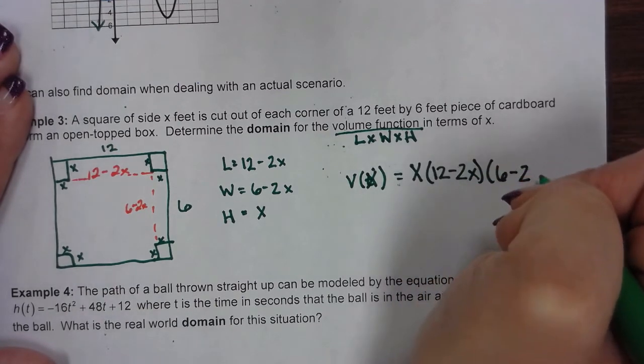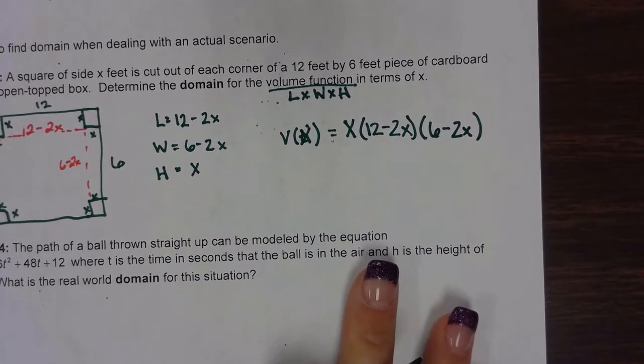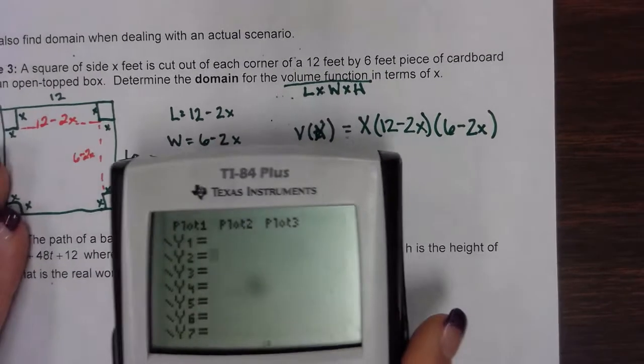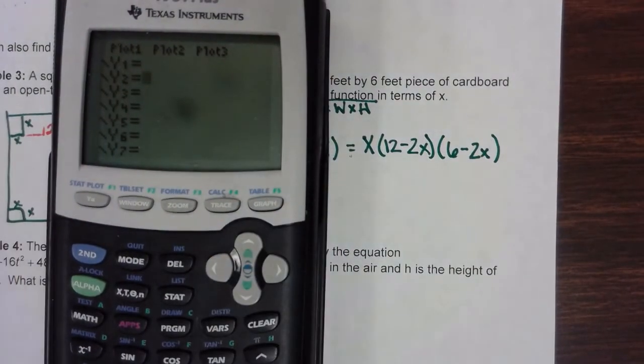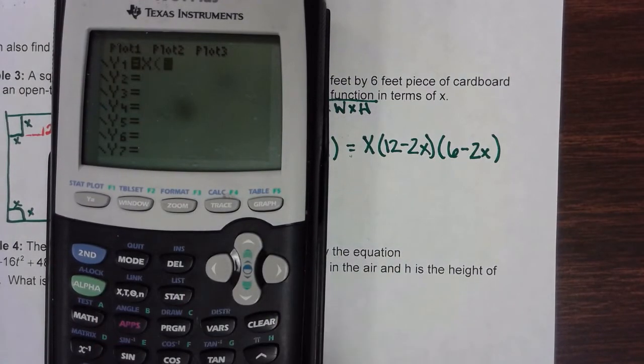Now there are many ways that we could solve this problem, but we are just going to use our calculator. So the first thing I want you to do is go to y equals and plug in your function. So x times 12 minus 2x times 6 minus 2x.